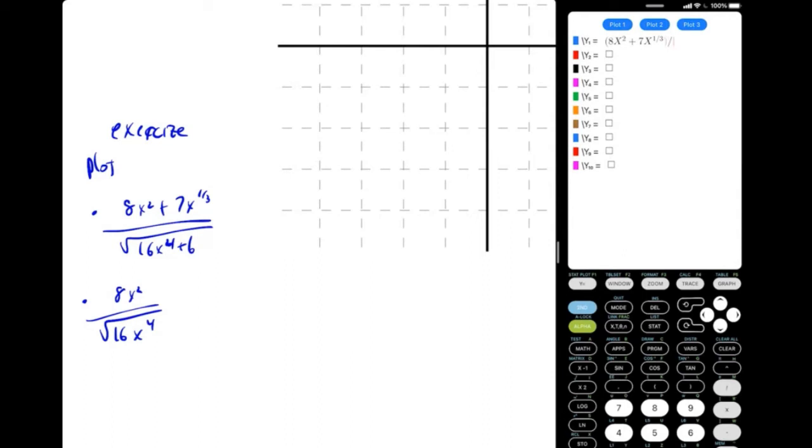Divided by the square root of, and the square root will act as my parentheses in the denominator, 16x to the 4th plus 6. And on the other hand, I want to just plot 8x squared over the square root of 16x to the 4th. All right, so those are the two functions that I'm going to plot. Are you ready for us to plot them?